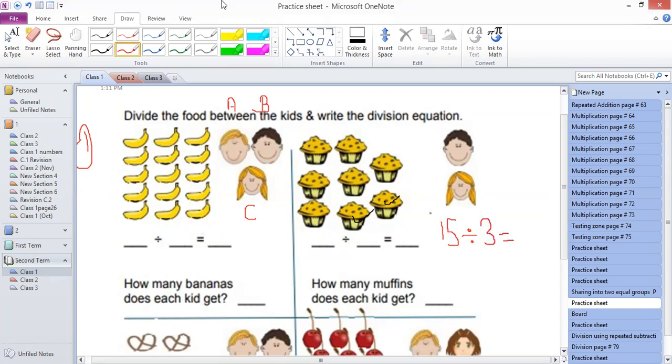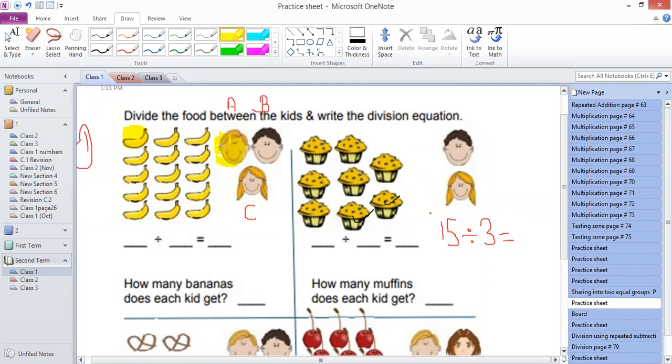We will find out. So this banana I will give to this boy. I am coloring it yellow because I give it to this boy, so this boy's color is also yellow.